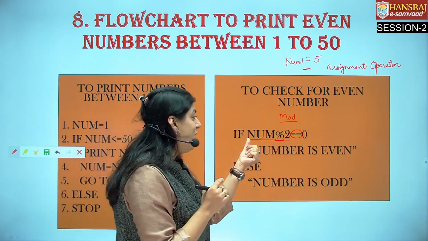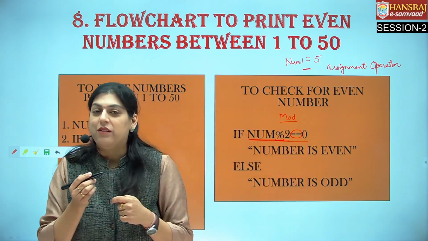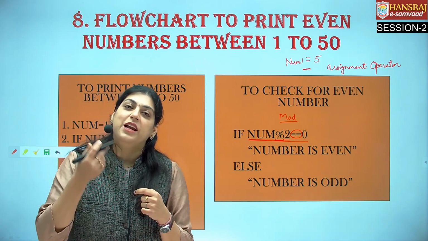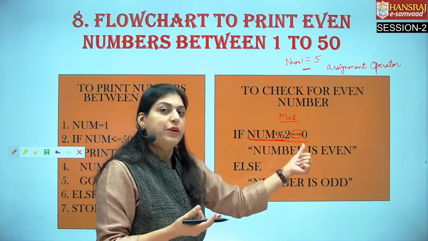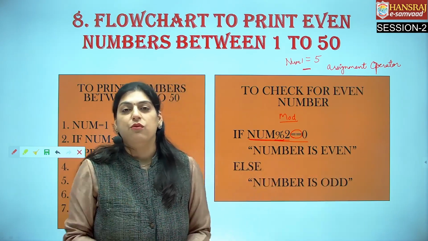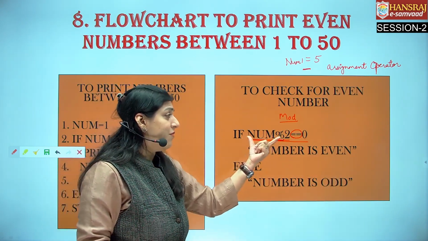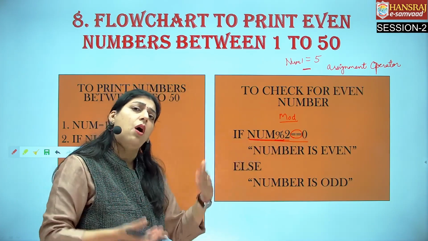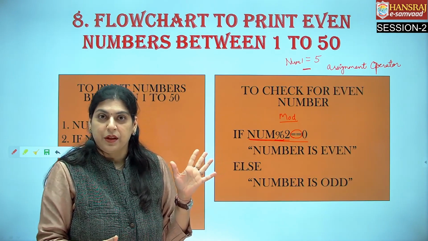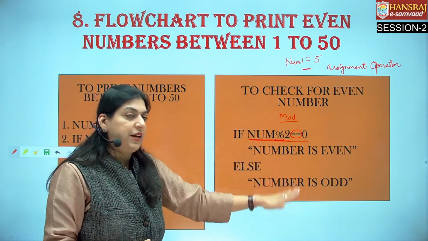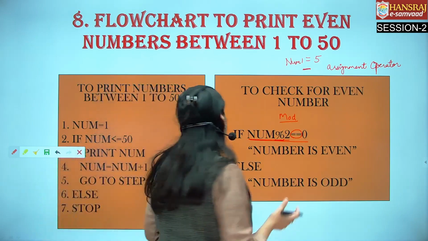With the if, whatever condition I give, I always use a relational operator, because that relational operator is going to give me the value either true or false. So this is one logic to find whether a number is even or odd.